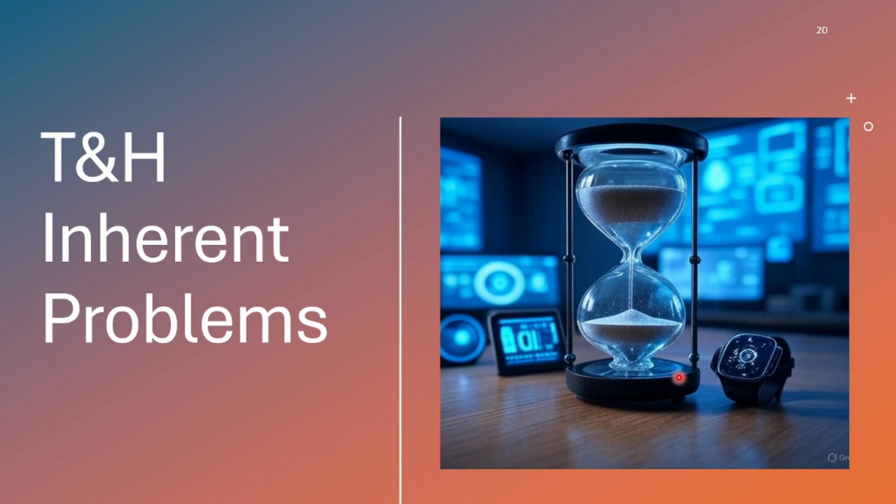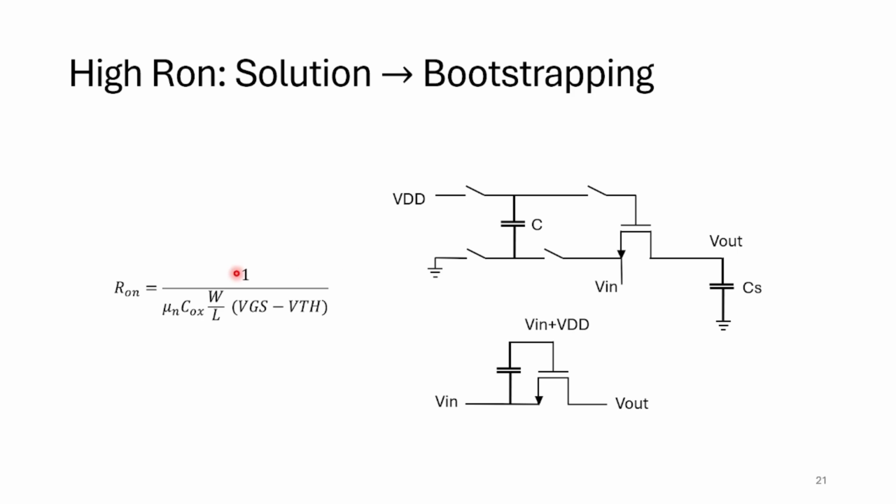As I mentioned, track and hold also have their inherent problems. I told you that Ron will be defined by the W/L ratio and the gate-source voltage. If you increase the ratio, you would have loading problems, clock feedthrough, and charge injection. So one option is to increase the gate-source voltage. If you increase it, you would be limited to VDD.